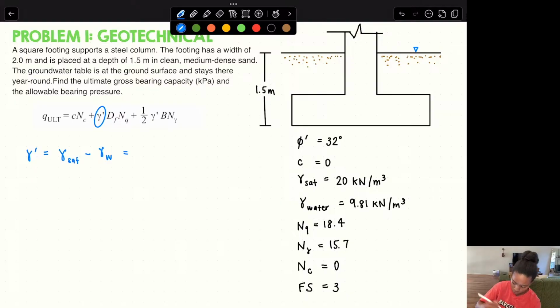So that's going to be 20 kilonewtons per meter cubed minus the unit weight of water, which we all know, or if you don't know, you should memorize it just so you don't have to go looking these things up during the exam. It's going to be 9.81 kilonewtons per meter cubed.